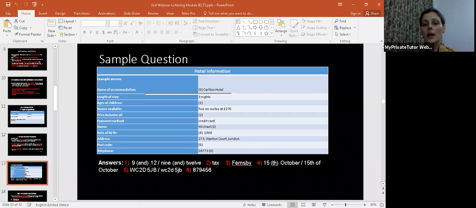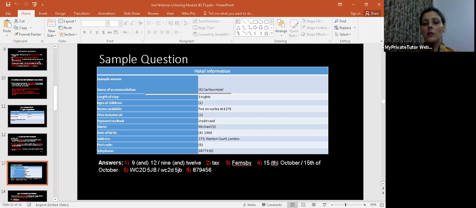A sample question: one person has just called the receptionist for getting the information about the booking. So the question may be in the form of this table, maybe in the form of a question and answer. So the sample is in front of you. You're going to have an idea what you have heard. You're going to answer the questions.